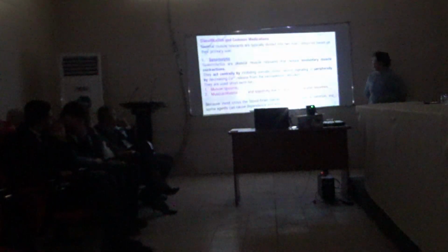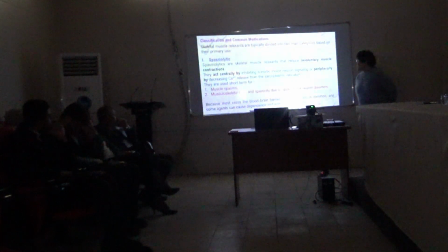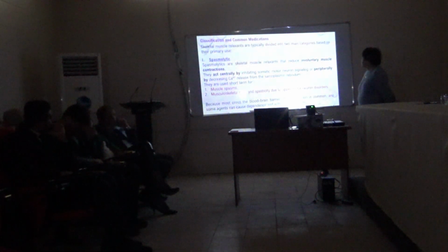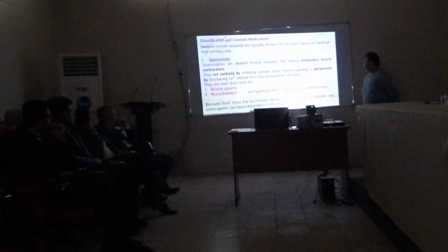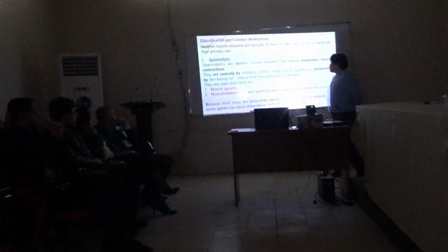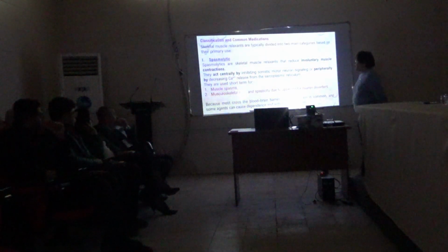First classification is spasmolytic. Spasmolytics are skeletal muscle relaxants that reduce involuntary muscle contraction. They act centrally by inhibiting somatic motor neuron signaling, or by decreasing calcium ion release from the sarcoplasmic reticulum.